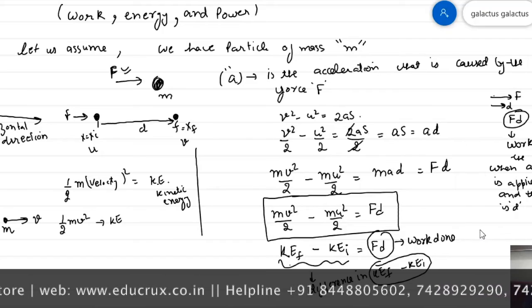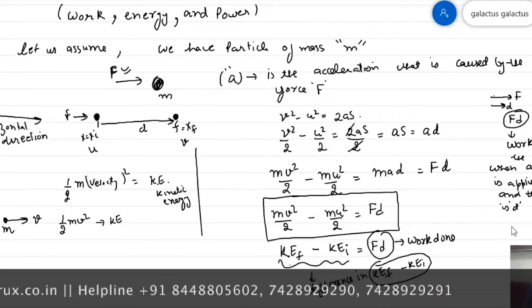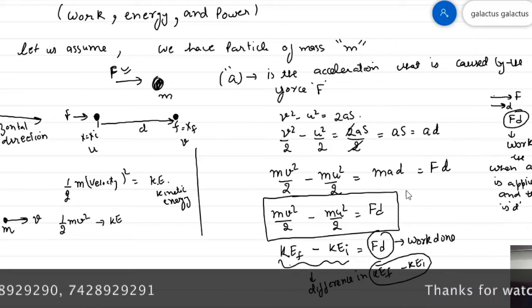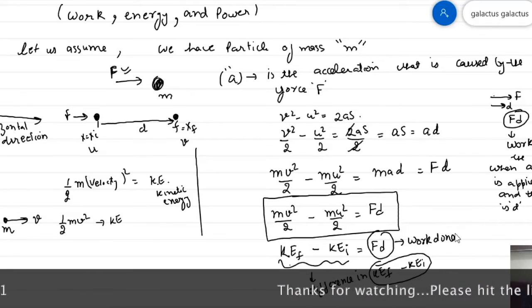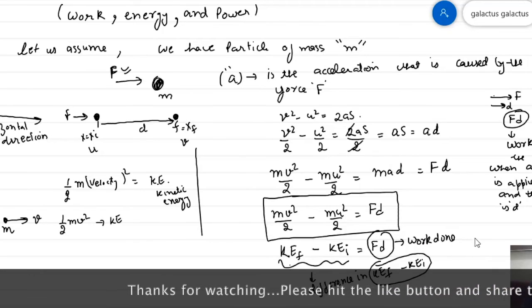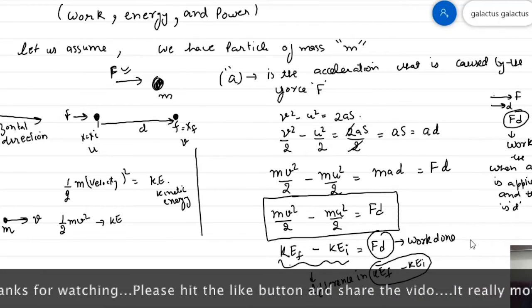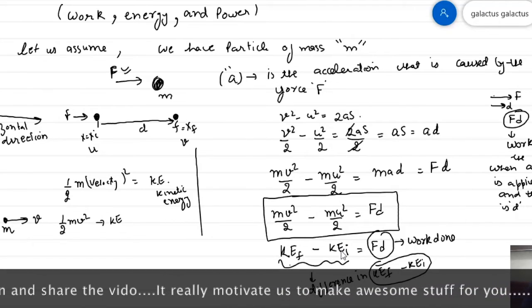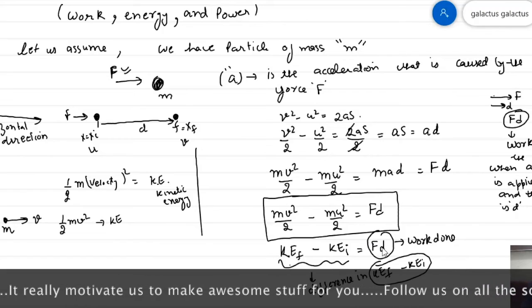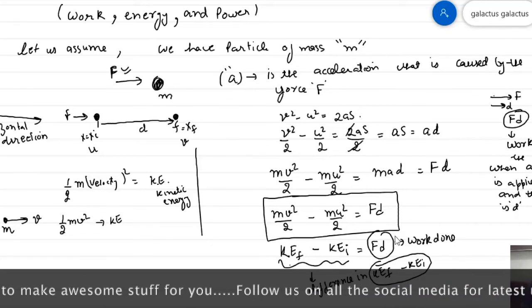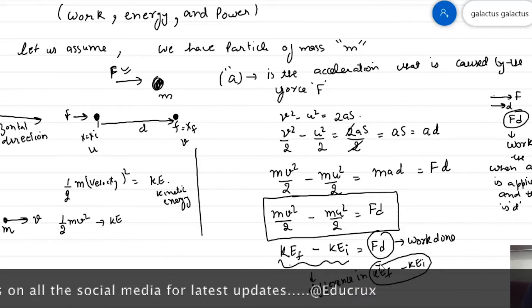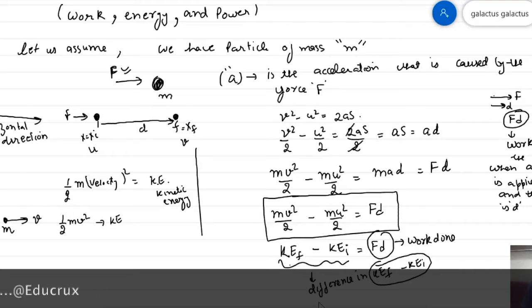This example was taken because it is really simple to understand how the work energy theorem comes naturally from the kinematics laws. The work energy theorem lets us calculate the work done, which is equal to the final kinetic energy minus the initial kinetic energy, that is, the difference of the kinetic energy of the system.